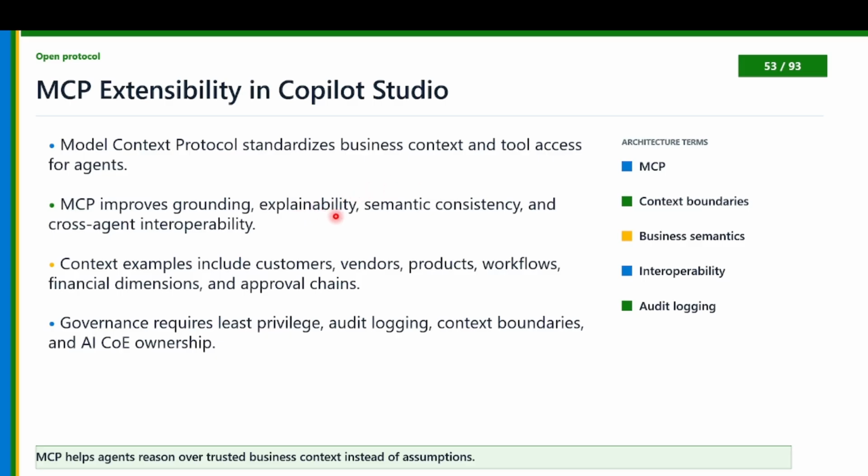It allows agents to have more knowledge to explain the task they are doing and the output given. It allows agents to operate with semantic consistency. That is, it allows them to get personalized information that can aid the successful completion of the action they are performing. And then it also gives agents cross-agent interoperability. So it also allows agents to communicate with each other. In other words, MCP can be used as a tool for agent-to-agent communication, not only for external tools.